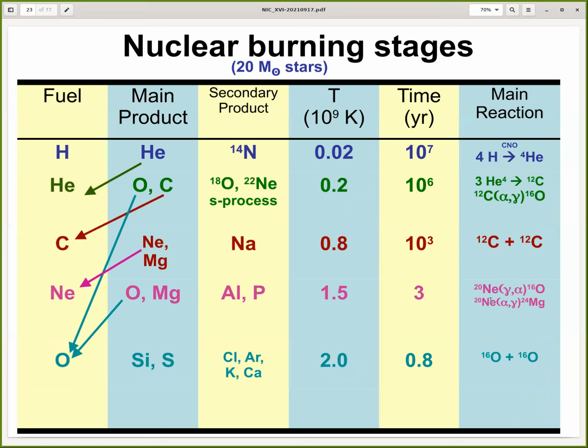So we have this very peculiar reaction. The next one is oxygen burning to silicon and sulfur, making side products, also chlorine, argon, potassium, calcium. The burning temperature now is 2 to 2.5 billion Kelvin, and the time scale is now down to a year. We have these shorter reaction time scales just because of higher temperatures.